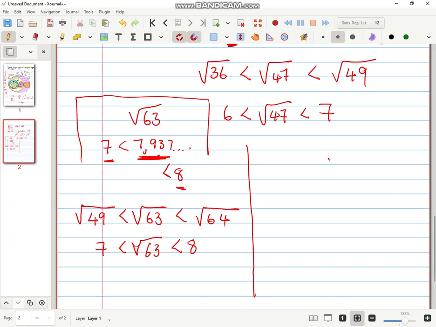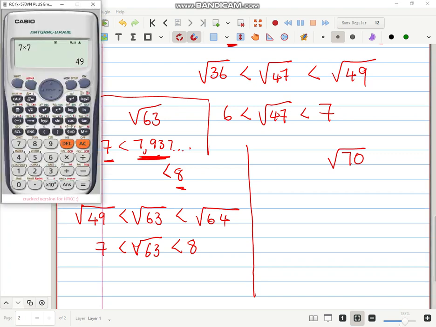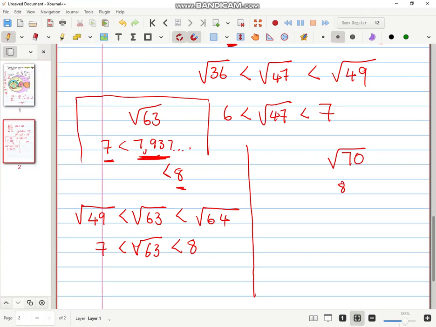Let's try square root of 70. Let's see where it falls. First of all, you grab your calculator, you say, okay, 70 equals, you get 8.3. You know, definitely 8.3 is greater than 8, but is less than 9, right?